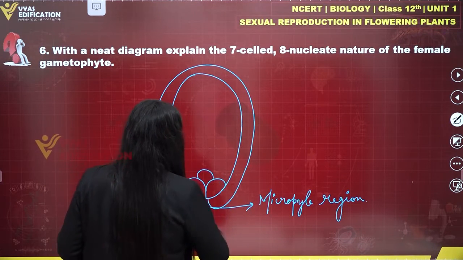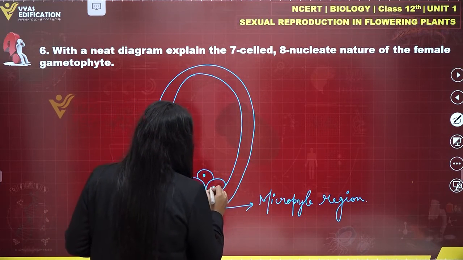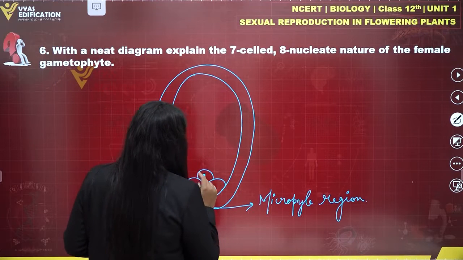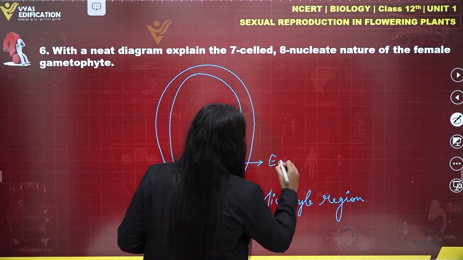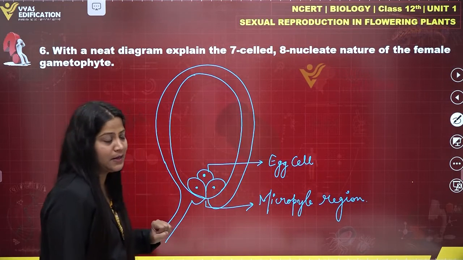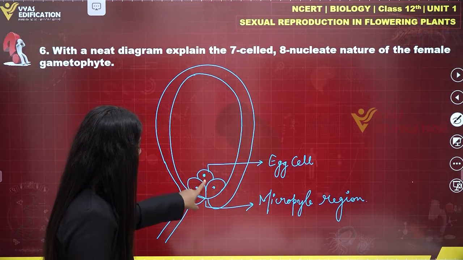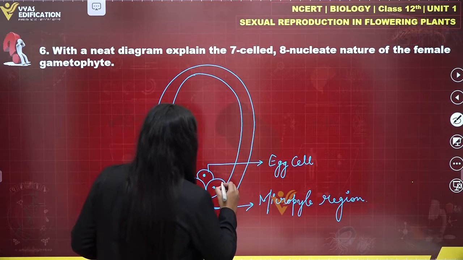One cell is here, and of course each cell will have a nucleus. This one cell in the middle is known as the egg cell, which is the female gamete. Along with this egg cell there are two cells present. These two cells are known as synergids.